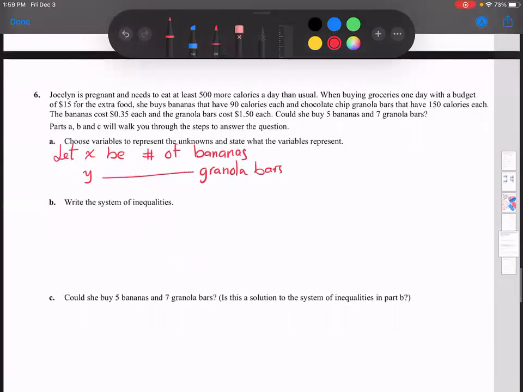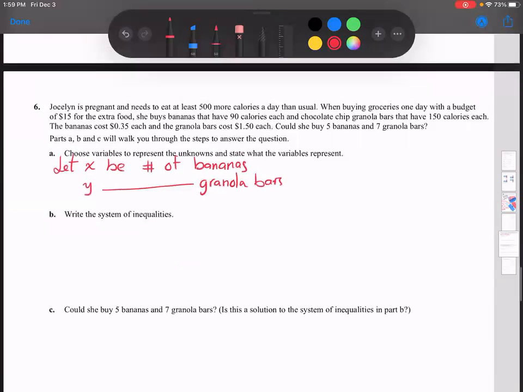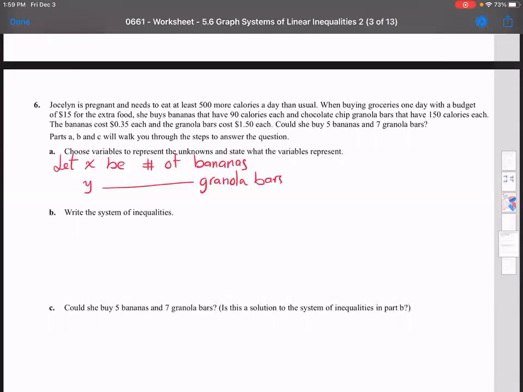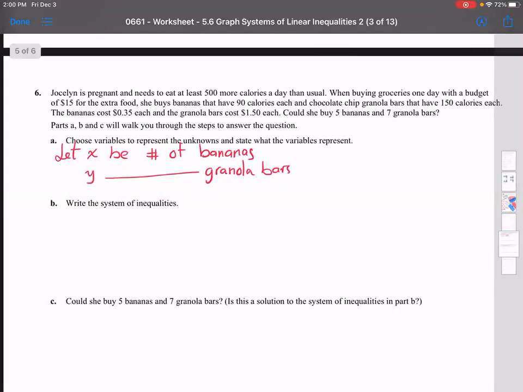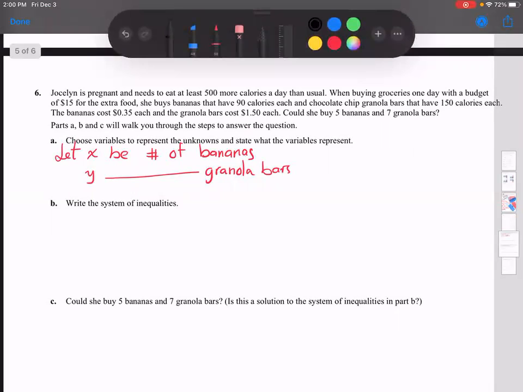And then we're going to come up with a system of inequalities. Someone come up with the first one. Let's do one step at a time.